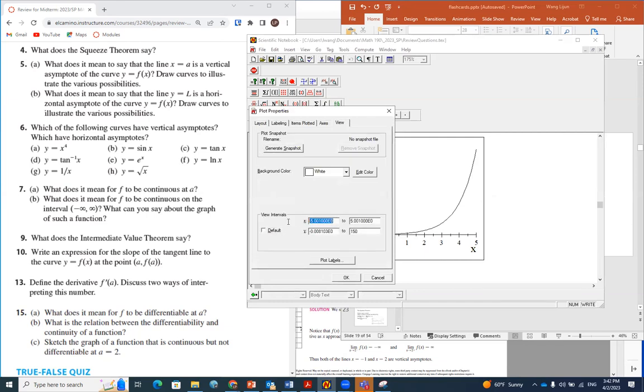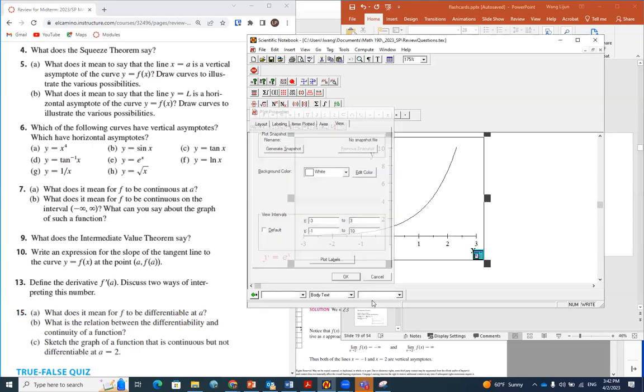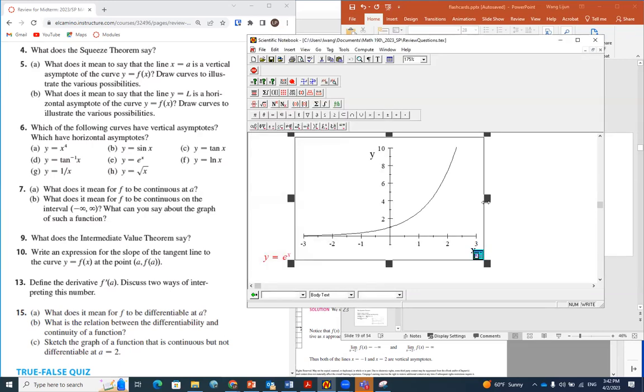Okay, so this function has a horizontal asymptote. That horizontal asymptote is, what is it? Do you know? You may like to pause to write down your answer.